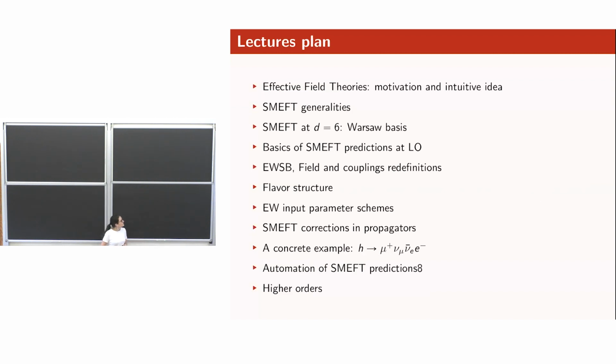We will discuss how these are automated. One of the lectures, I don't know if tomorrow or Wednesday, will be more about the automation, the state of the art of what people actually do to calculate these predictions. Then we will finish, if we have time, with a discussion of higher order: what happens if one wants to go beyond this dimension 6 and beyond the tree level. Okay, so this is roughly the plan.